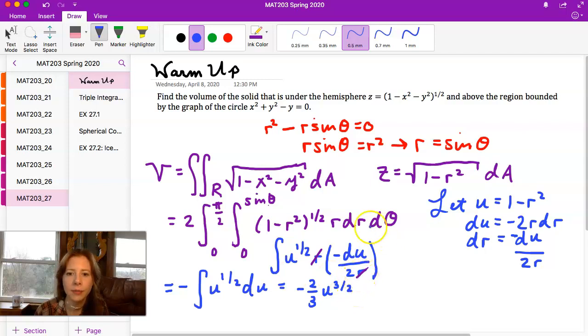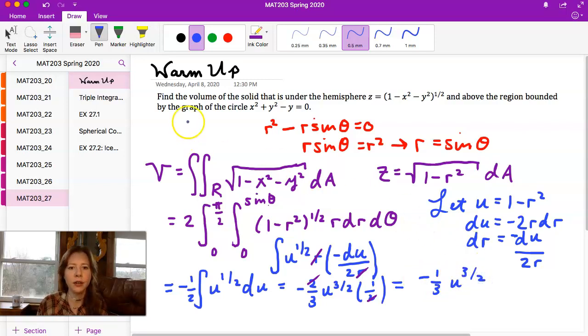Oh, I'm sorry, I lost a half. Minus a half times our 2/3. The 2's cancel, and we end up with minus 1/3 u to the 3/2. Okay, so I'm going to write that in.